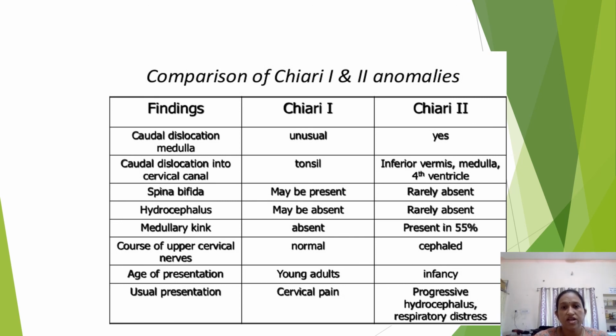Spina bifida may be present, but it is very commonly present in type 2. Hydrocephalus may be absent, but it is rarely absent in type 2, meaning it is present in most of the cases. Then medullary kink is also common in type 2 Chiari malformation.